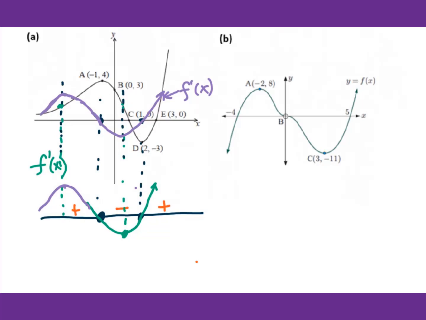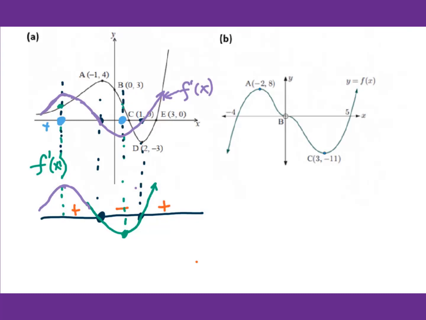Now, let's draw the second derivative function. So for the inflection point, that will be the x-intercept for the second derivative. So we draw the sign diagram. Going up, this is a positive.